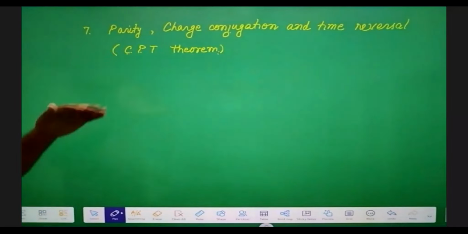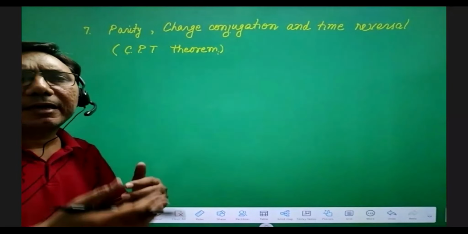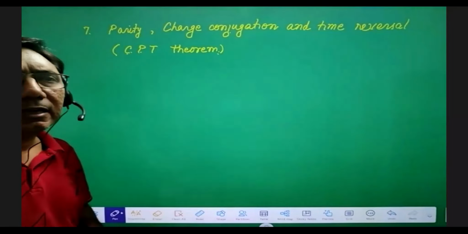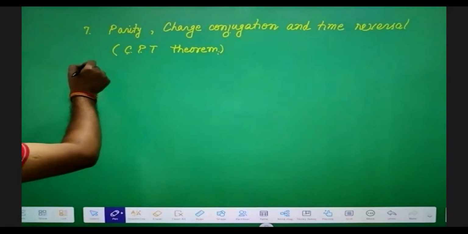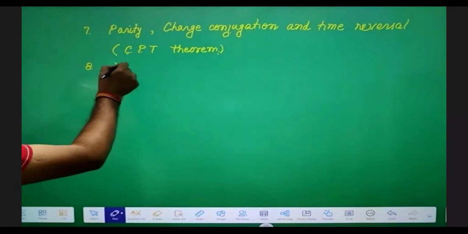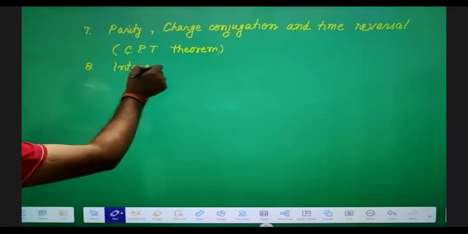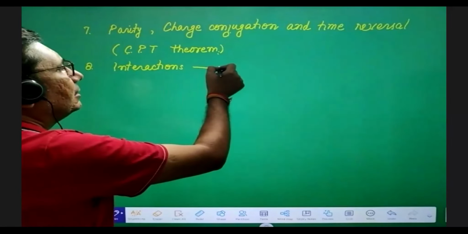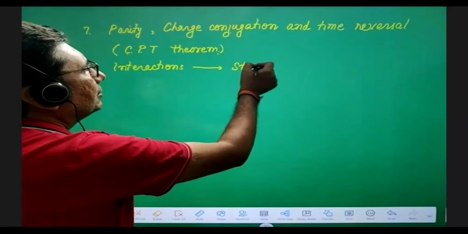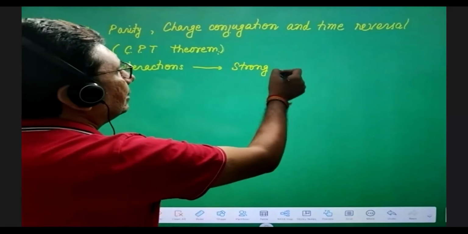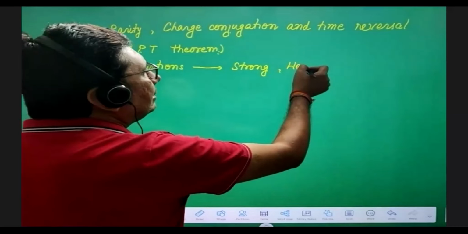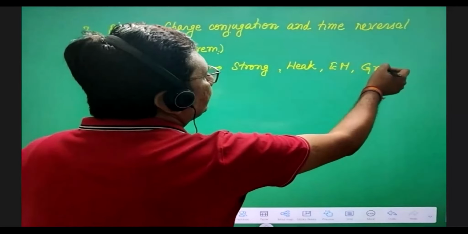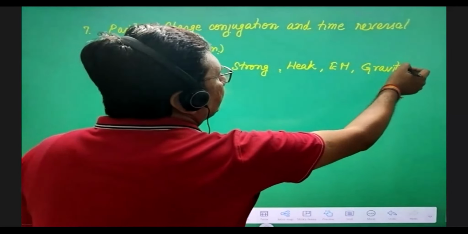Now, when you are well aware of the strangeness number, isospin number, parity, charge conjugation, and time reversal, then we will define different types of interactions, and one by one I'm going to discuss them: strong interaction, weak interaction, electromagnetic interaction, and gravitational interaction.